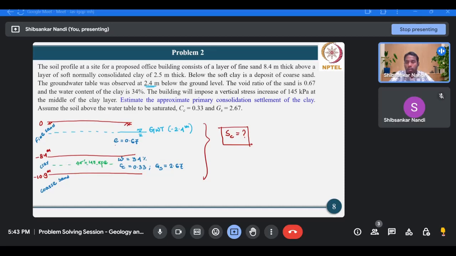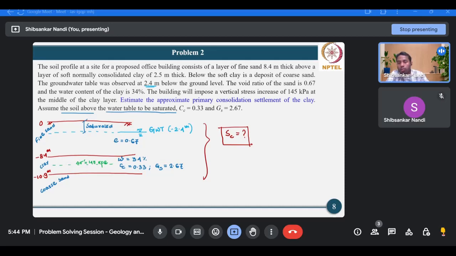Rather the void ratio of the sand is given, so from that you can easily calculate the unit weight of the sand. Please be careful about this statement also, that assume the soil above the water table to be saturated. So unlike the previous problem, in this problem this portion you have to consider as saturated.